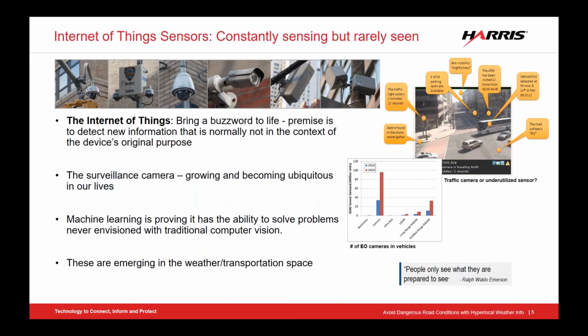These are all emerging, right, in the weather and transportation space, and we wanted in this webinar to talk a little bit about how we're applying these converging technologies in the weather and transportation space.